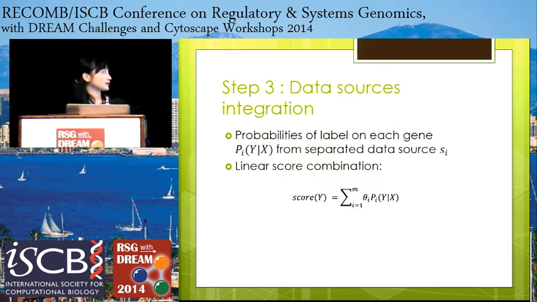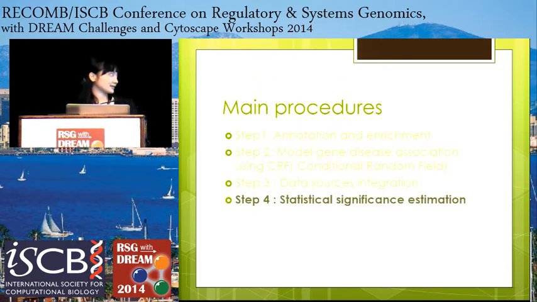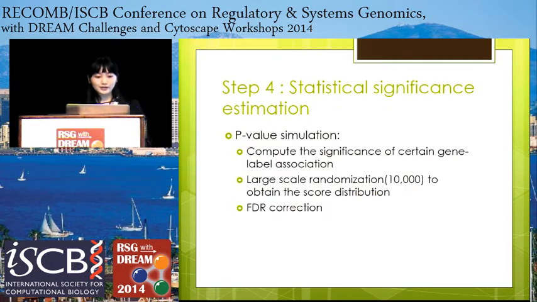Basically we do a linear combination of the probabilities from the label of each gene, so that we have a combined score finally. The next step is estimating how significant this combined score is. We use a large-scale simulation of 10,000 times randomization of input genes, and then we obtain a distribution, find the p-values for each score, and then do FDR corrections on top of that.